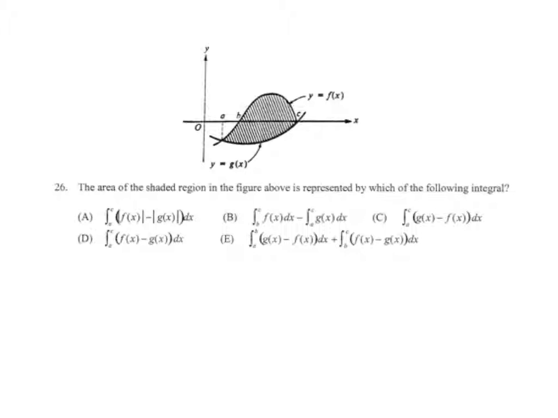What you really want to do on this one is use the definition that we have for a definite integral. We know that a definite integral of a function is the area between the curve and the x-axis.